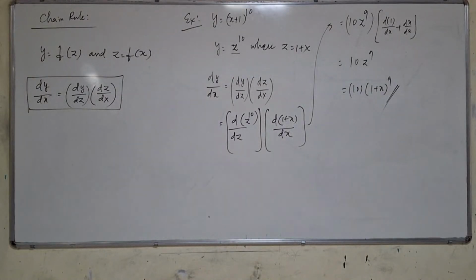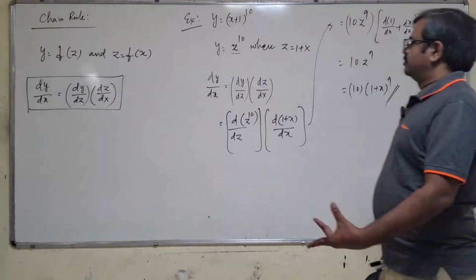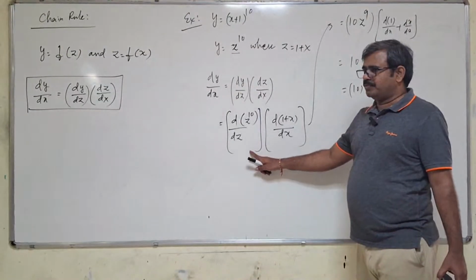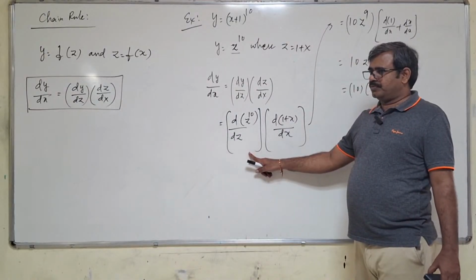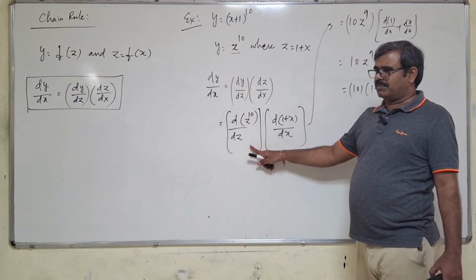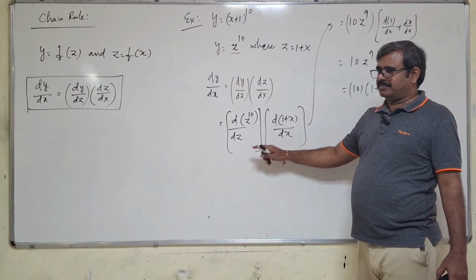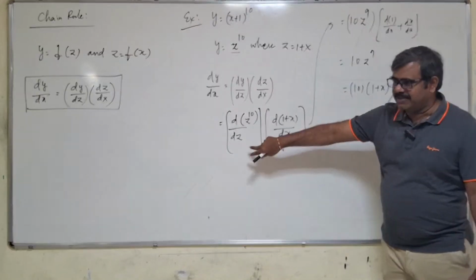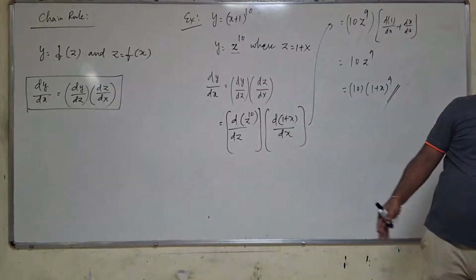I'll give you one more example. Here we can differentiate 1 plus x. We wrote 1 plus x itself as z because it is convenient for us.